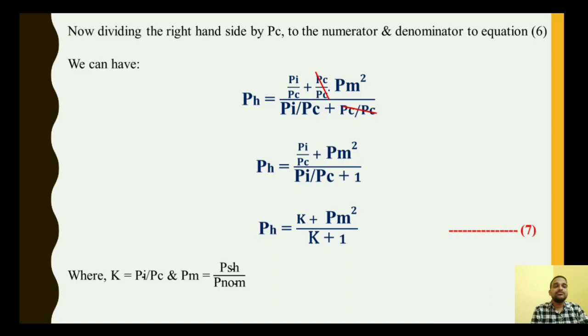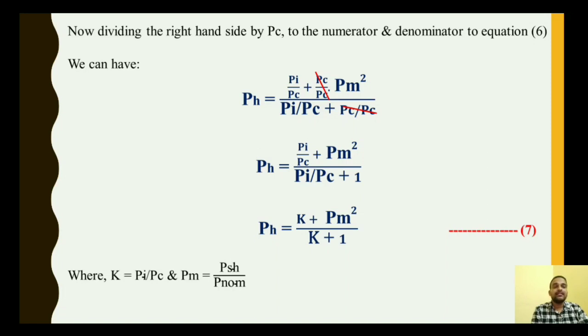So P_H equals P_I upon P_C plus P_C upon P_C into P_M squared, where P_M is nothing but P_SH upon P_norm, the mechanical overload ratio. Again in the denominator, as you can see, P_I upon P_C plus P_C upon P_C, the P_C terms cancel out and equal 1.